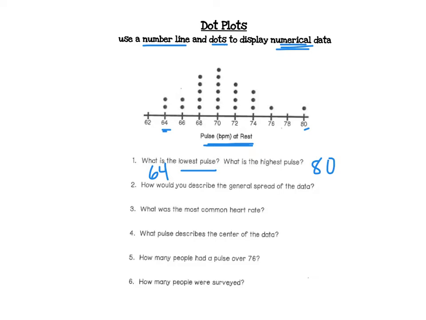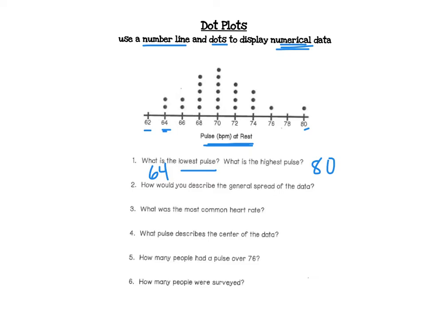Let's go back to the lowest pulse for a minute. Our number line shows 62, but notice there were no dots above 62. So even though that is shown, because there's no dot above it, we know there was no person out of this group or this set of data that had a pulse of 62 beats per minute.